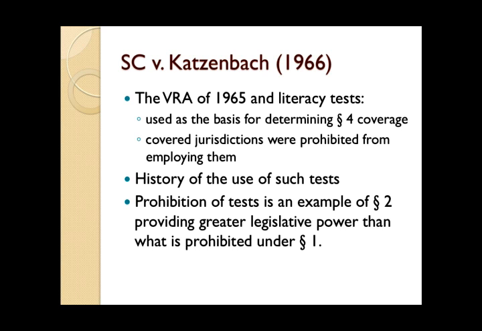But the important thing to appreciate is that the power of Congress is greater than the substantive provision of Section 1 of those amendments. Right? Another way of putting this is, just because an action of a state is not prohibited under Section 1, the substantive provision of the constitutional amendment, doesn't mean that Congress can't prevent the state from doing that. All right? And hopefully that will be clearer in the next case.